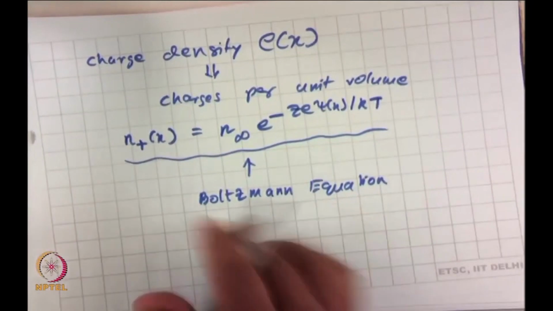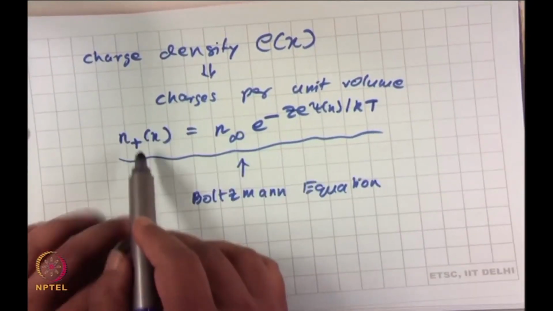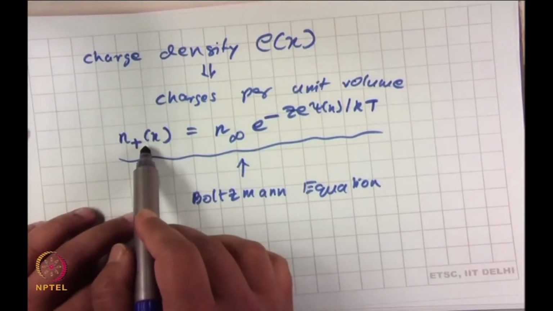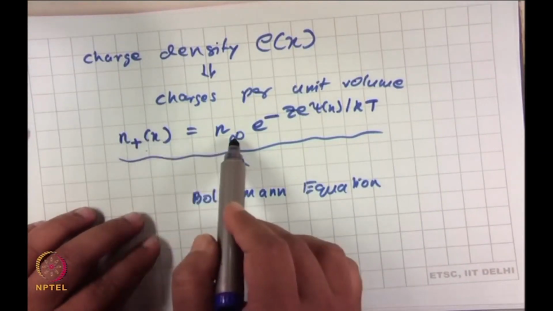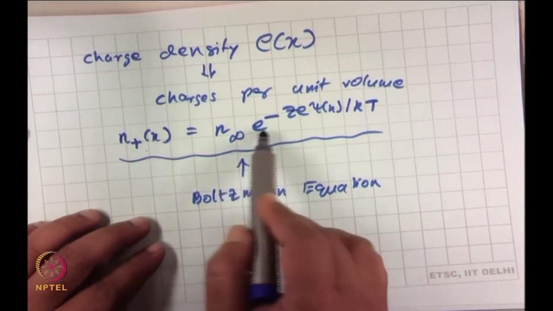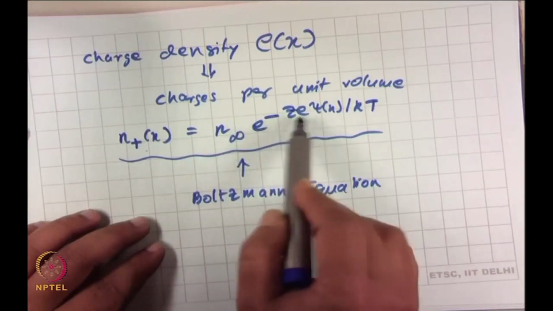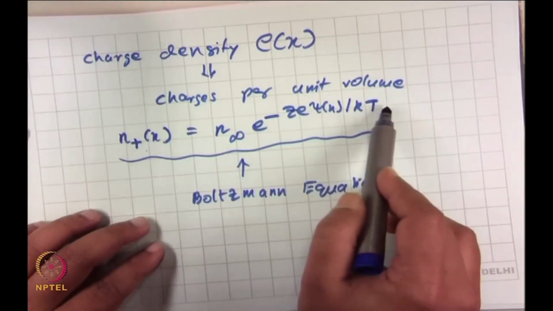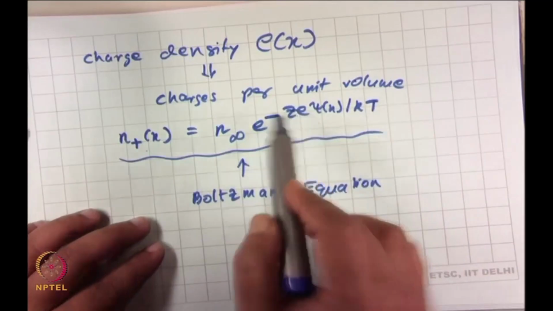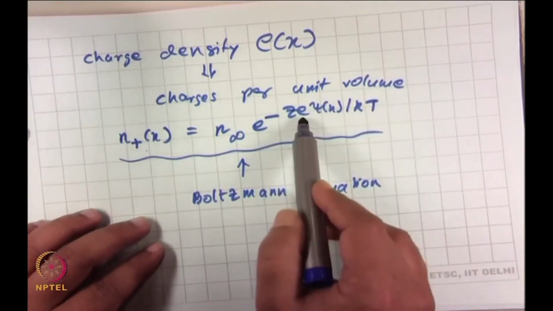Now, come back to your Boltzmann equation. What do we have here? We have n plus of x, the concentration of positive ions, so the number of positive ions per unit volume, is equal to n infinity, that means whatever you have at infinity, times e to the power minus z e psi of x by k T. What is z? You know, it is the charge of the respective ion. What is e?